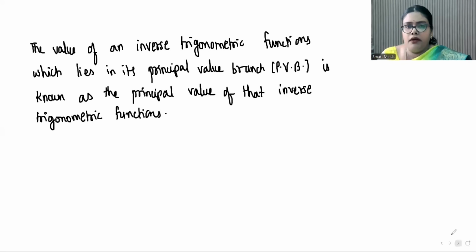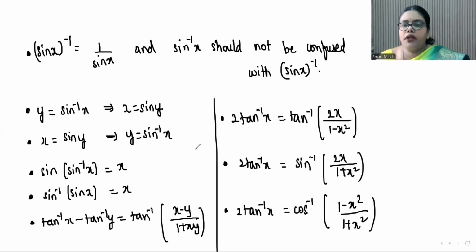So over here, I have given you some important formulae like sin x whole inverse can be written as 1 by sin x. But sin inverse x cannot be written that way. So always remember sin x whole inverse is completely different from sin inverse x. Then y equals sin inverse x.